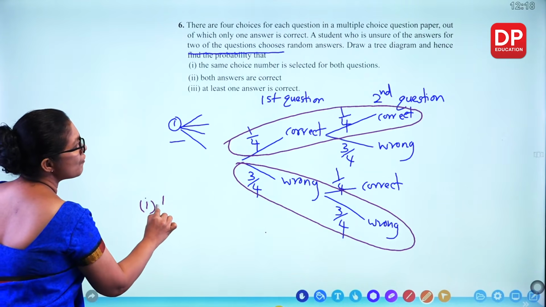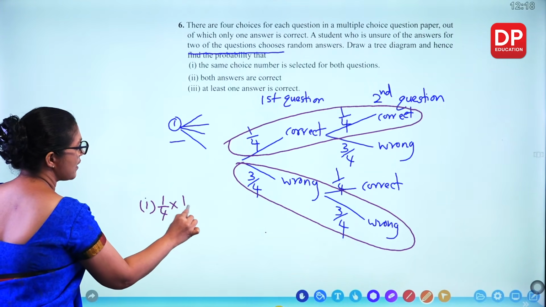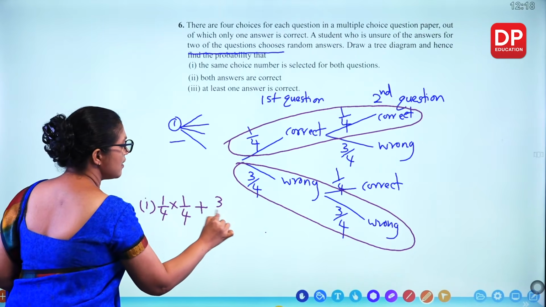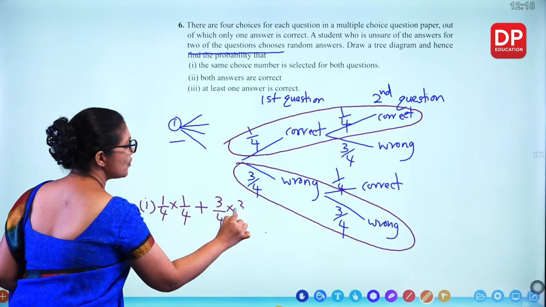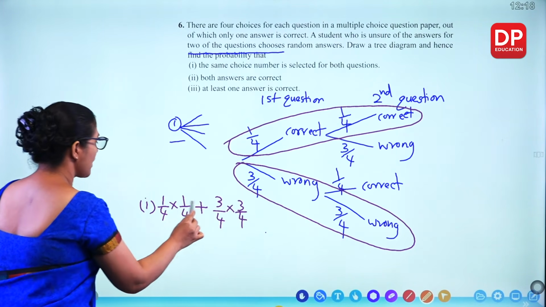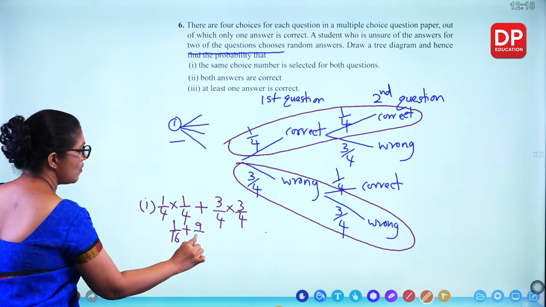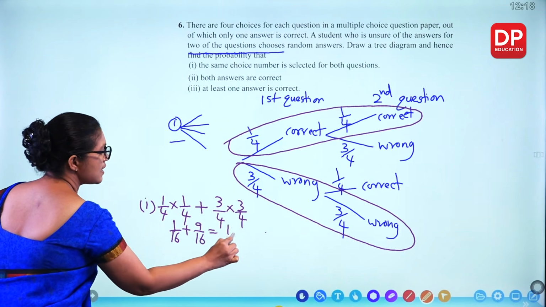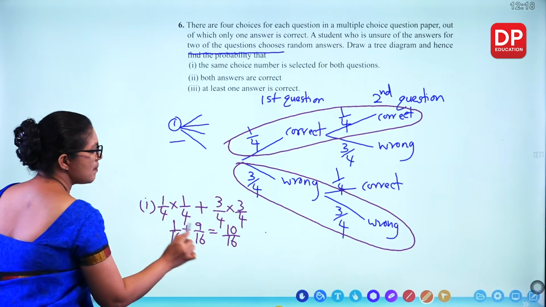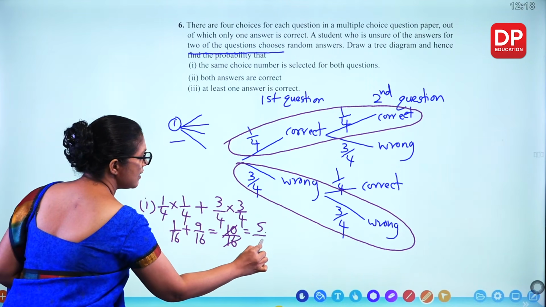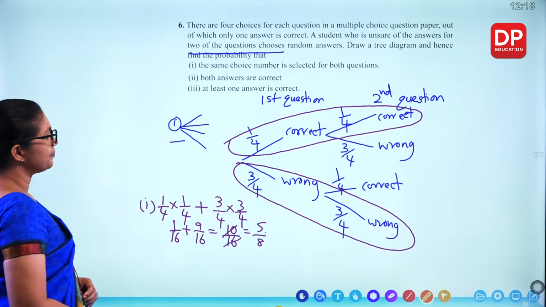That means 1/4 into 1/4, or means addition, 3/4 into 3/4. So 1 over 16 plus 9 over 16, you get 10 over 16. When you simplify, you get 5 over 8.